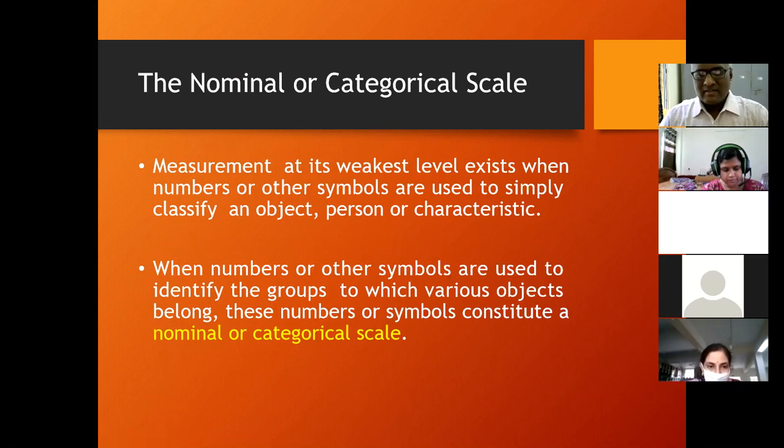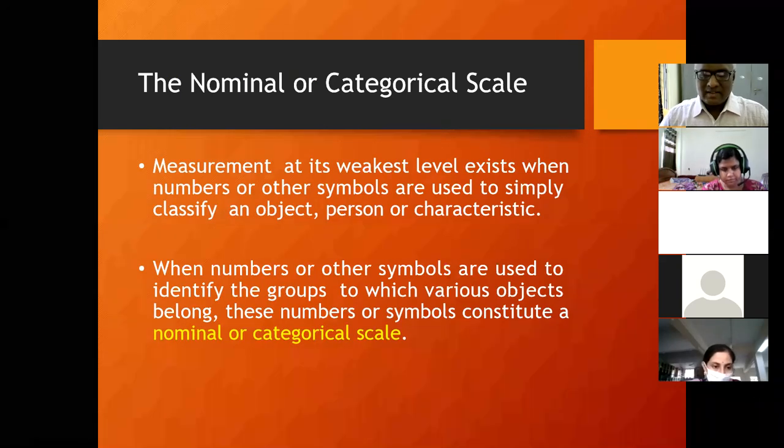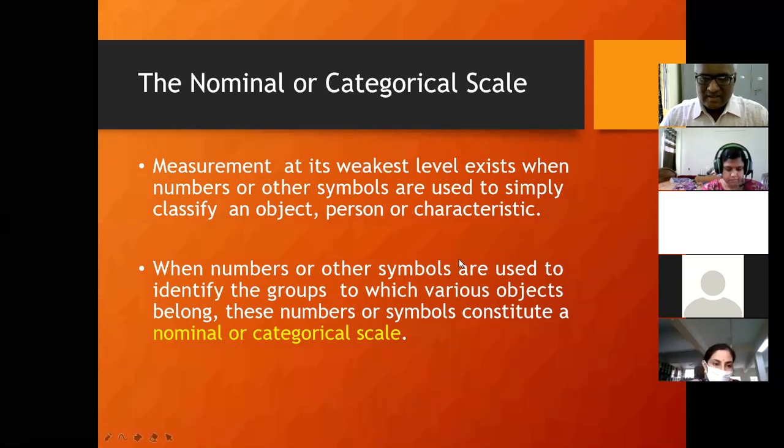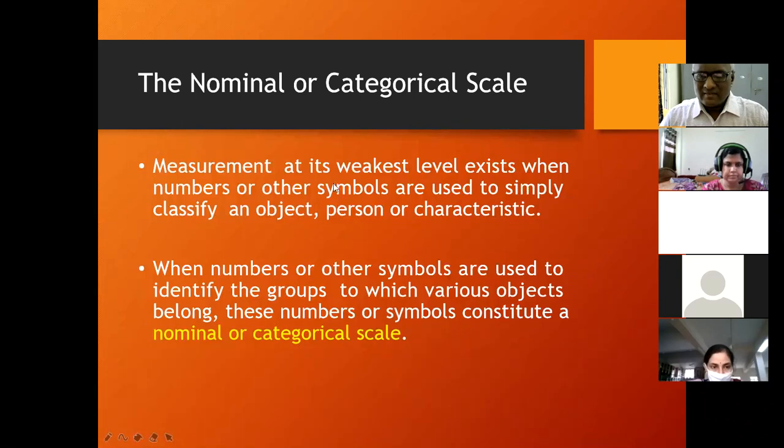Means, gender, for example, the respondents are classified into male. We use the symbol M for male, F for female. Region, rural and urban. Income, high, low, or medium. We classify the respondents into several categories using some symbols. This is the base for nominal scale.